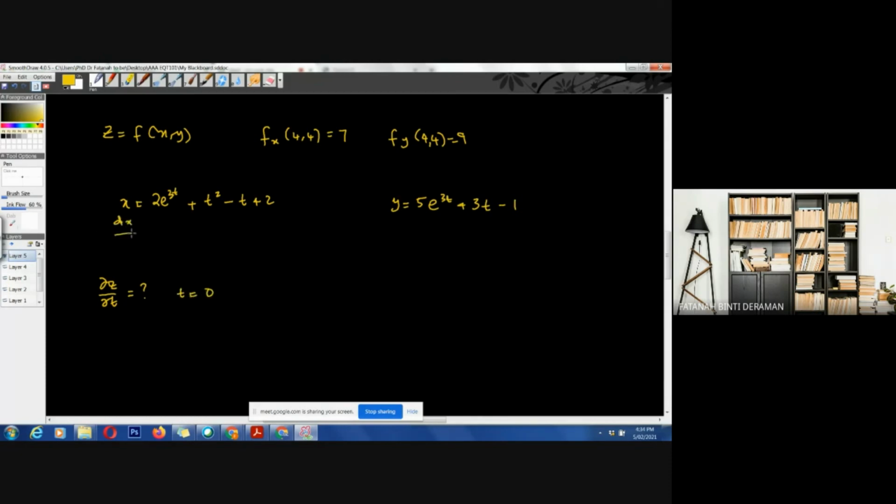So dx/dt is 6e^(3t) + 2t - 1 and dy/dt equals 15e^(3t) + 3.